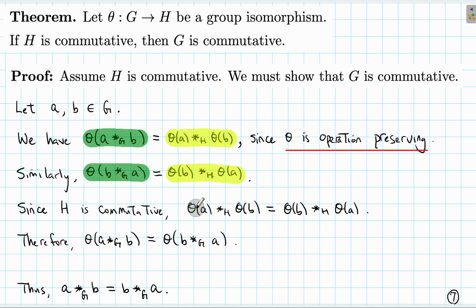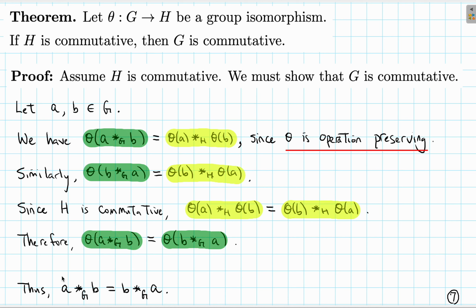So these are the yellows that we already know are equal to each other, and therefore their corresponding greens are also equal to each other. Now we've established that theta of A times B equals theta of B times A. How do we go from there to saying A times B is equal to B times A?